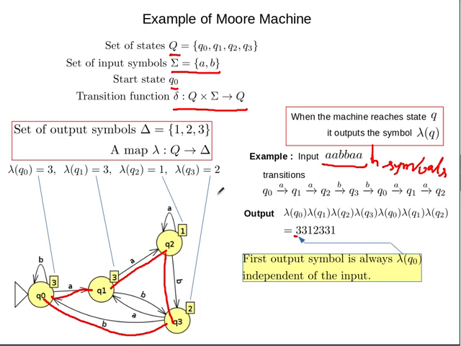You will have n plus 1 states. That means the output will consist of n plus 1 output symbols. So for an input string of n symbols, you get n plus 1 output symbols, but the first symbol is known. It doesn't depend on the input.